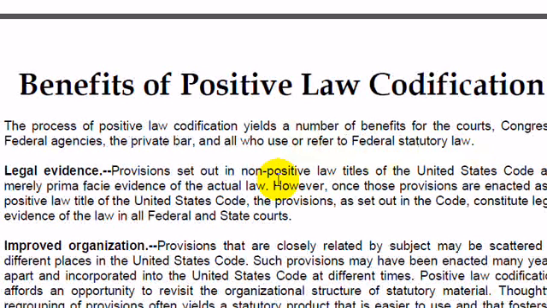Now, just this sentence alone tells you sometimes you have to read what's not written to get a great understanding. What I read, which was not written here, is where it says, and all who use or refer to federal statutory law.